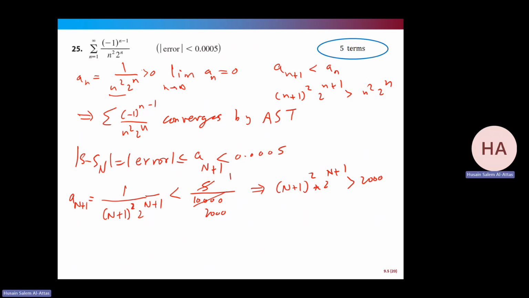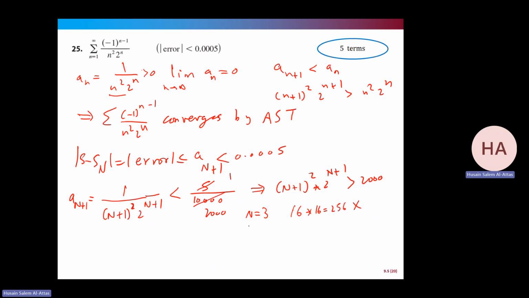Take n equal, for example, 3. Let me start with 3. I'm getting 4 squared times 2 to the power 4, which is 16 times 16, 256.